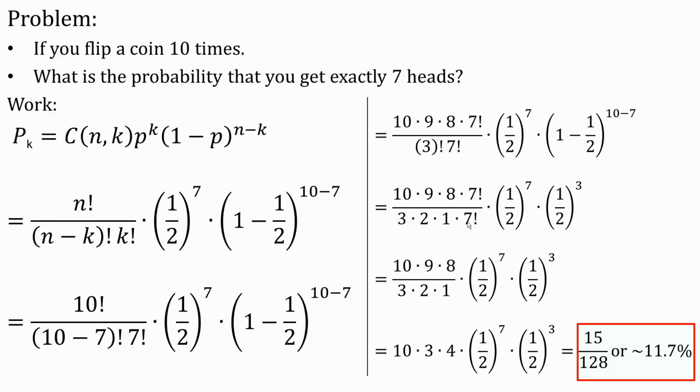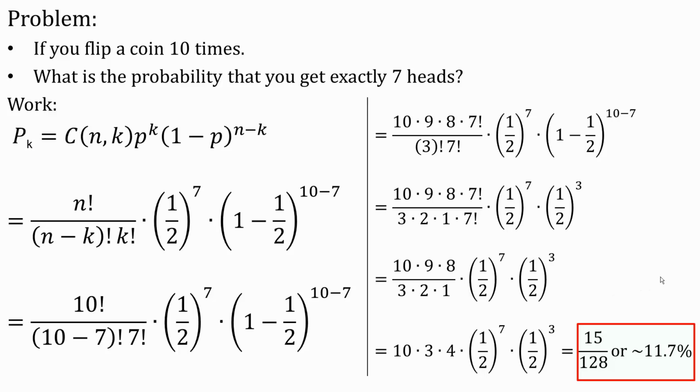So the 7 factorial cancels, and we get 10 times 9 times 8 divided by 3 factorial, which is 3 times 2 times 1. If we clean it up a bit, we get 10 times 3 times 4 times (1/2) raised to 7 times (1/2) raised to 3. And if you use a calculator, you would get 15 divided by 128, or 11.7%.